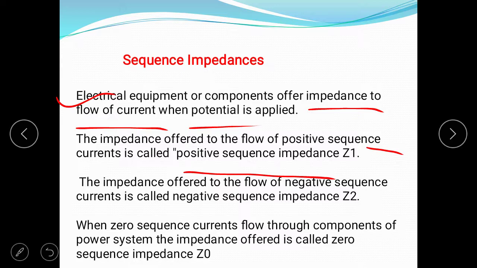Similarly, the impedance offered to the flow of negative sequence current is called negative sequence impedance, represented by Z2. In the same manner, when zero sequence current flows through components of the power system, the impedance offered is called zero sequence impedance, represented by Z0.